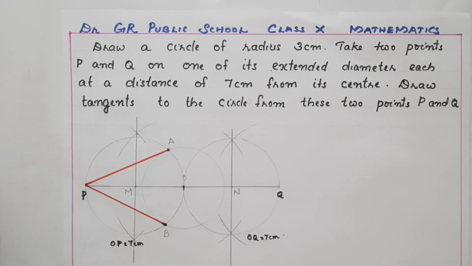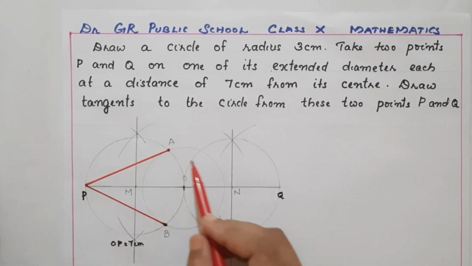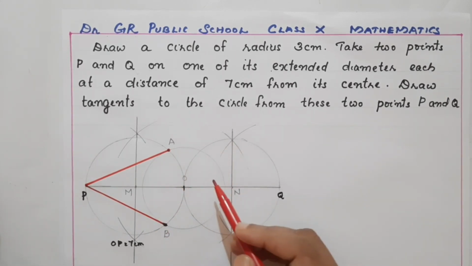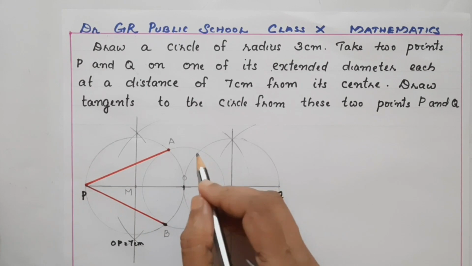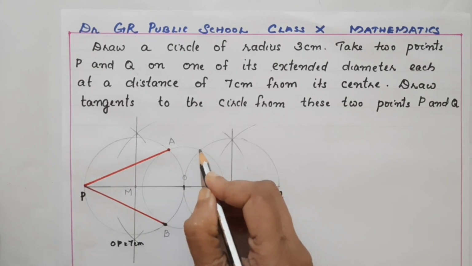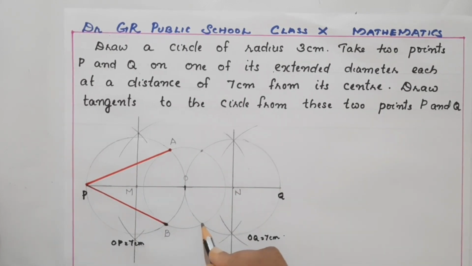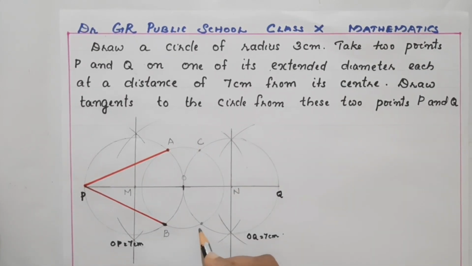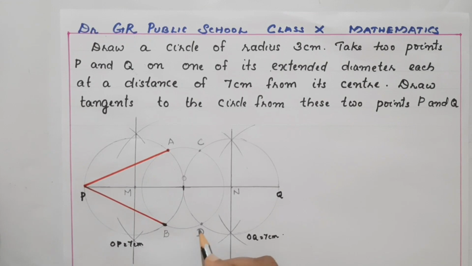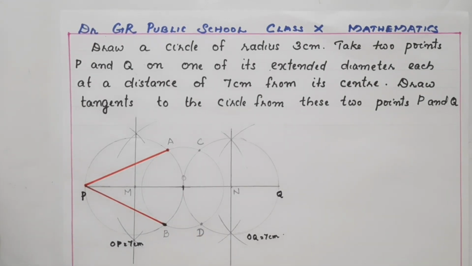Okay. Now the first circle, the 3 centimeter radius circle, and this new circle are meeting at 2 points again, here and here. We can name this as C and this as D. Okay.